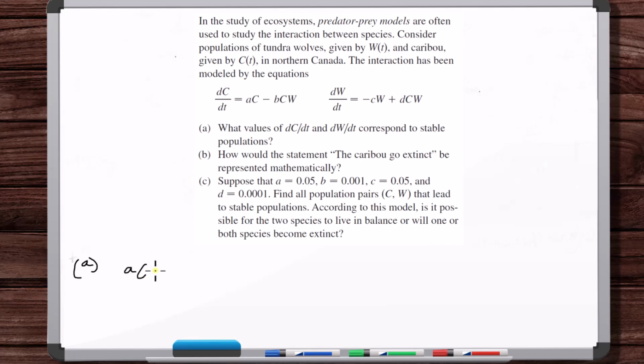AC minus BCW is equal to 0. Well, no, they're just asking us, they don't want us to solve for anything. So yeah, dC/dt is equal to 0 and dW/dt is equal to 0. That means stable, they just want us to state the values of dC/dt and dW/dt.